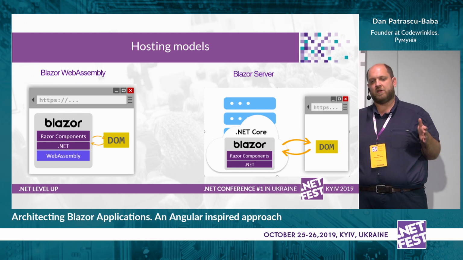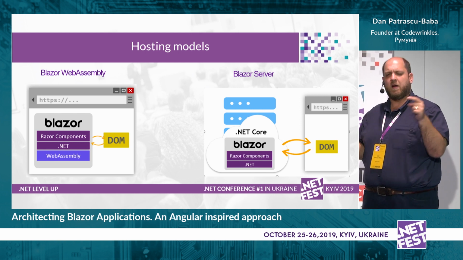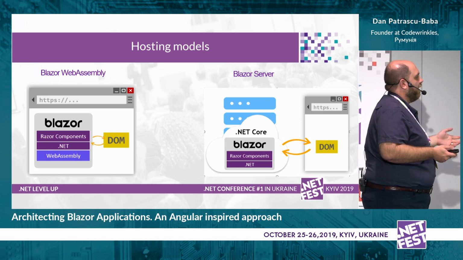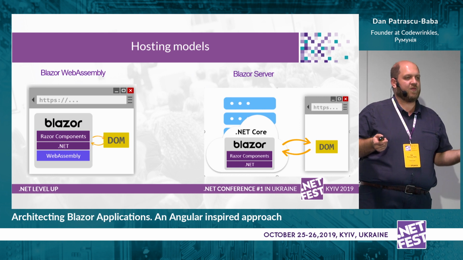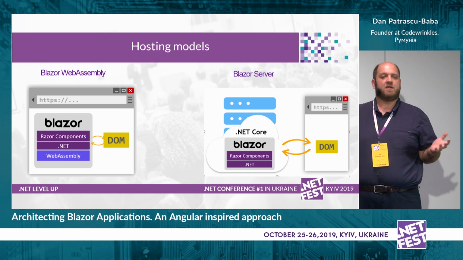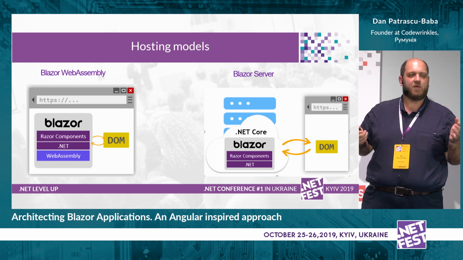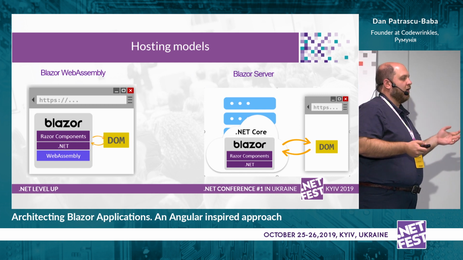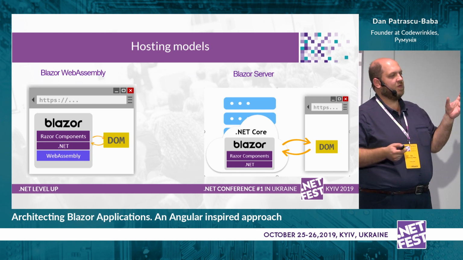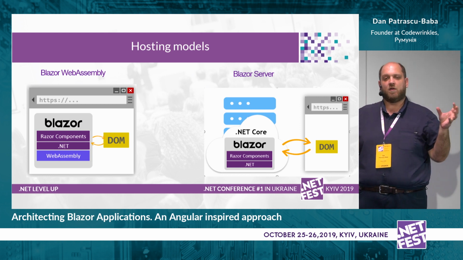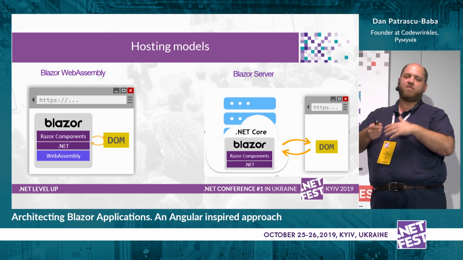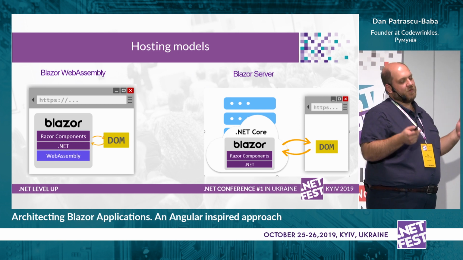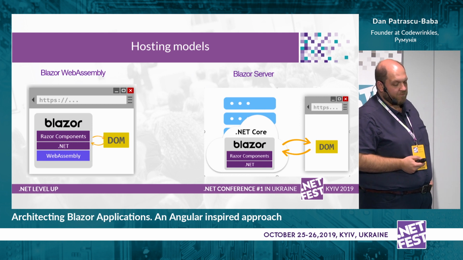It was pointed out also during the first talk today about Blazor, but it has also a lot of drawbacks because you have for now a very big download size. Initially, the download takes a little bit longer, so it's not really fast. You don't have something like lazy loading for now. So when you first try to access the application, it will download all the DLLs that it will ever need, maybe for a functionality that you use only 10% of your time.